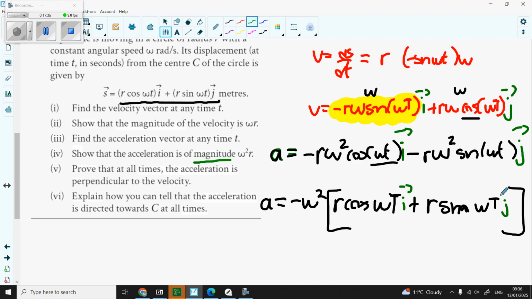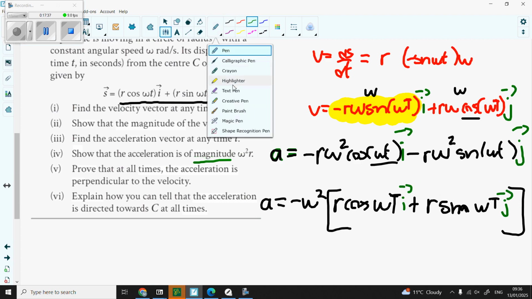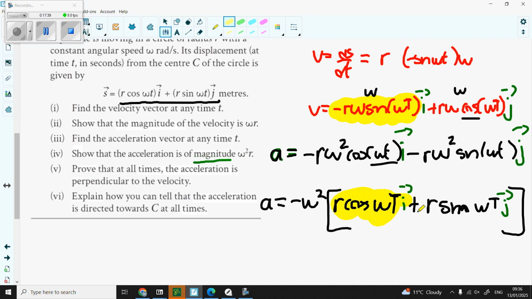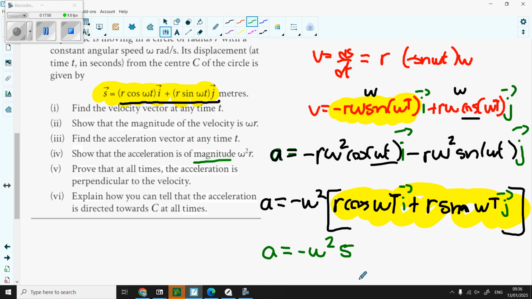And I forgot my i and j again, didn't I? Love doing that. Now, what can we say about this formula here? What's it the same as? Same as distance. So, a equals minus omega squared s.